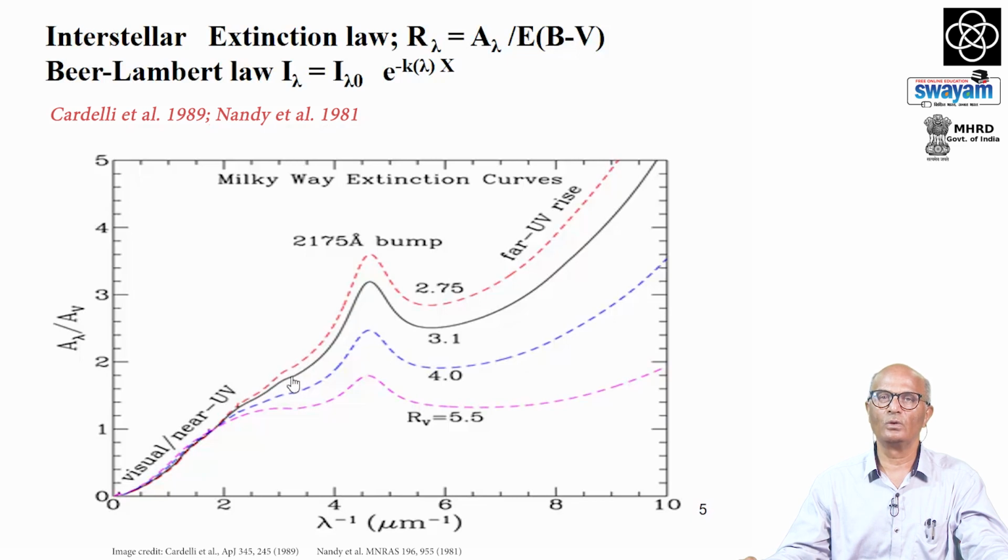But there are also regions, star forming complexes, where it deviates. In some cases it has a value as low as 2.75, in some cases it increases, and the maximum value which has been observed goes up to 5.5.